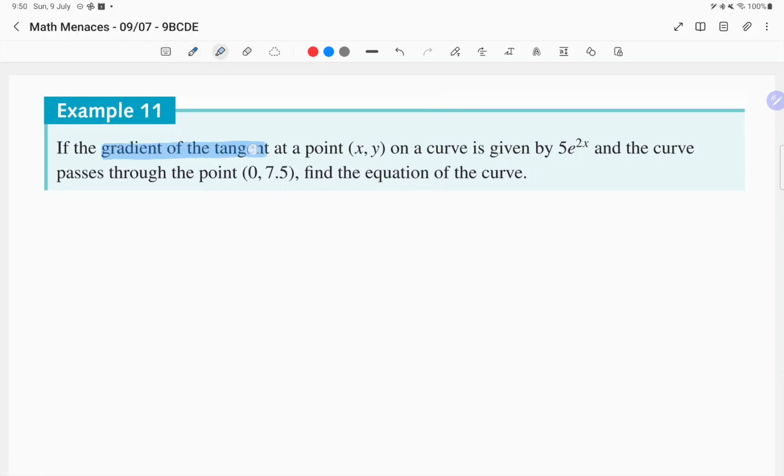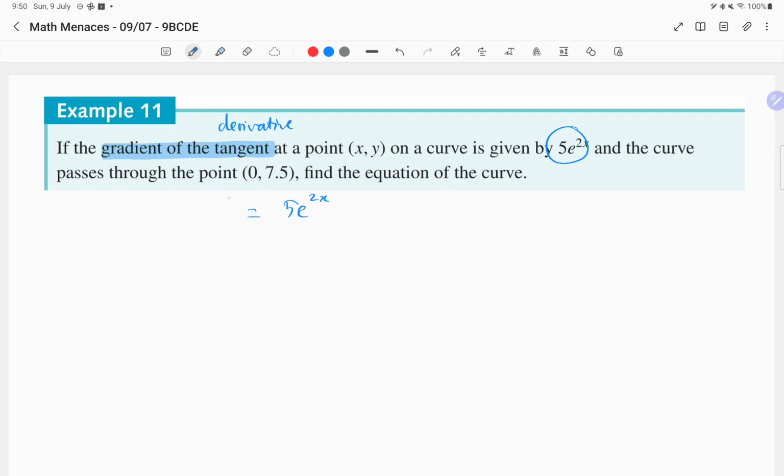When you see gradient of the tangent, you think about the derivative. So they're saying the derivative is equal to 5e power 2x. You would write the first information as the derivative equal to 5e to the power 2x, or you can write it as y dash.